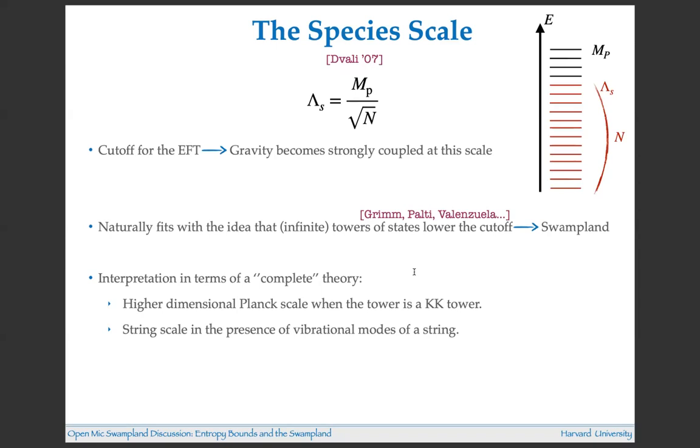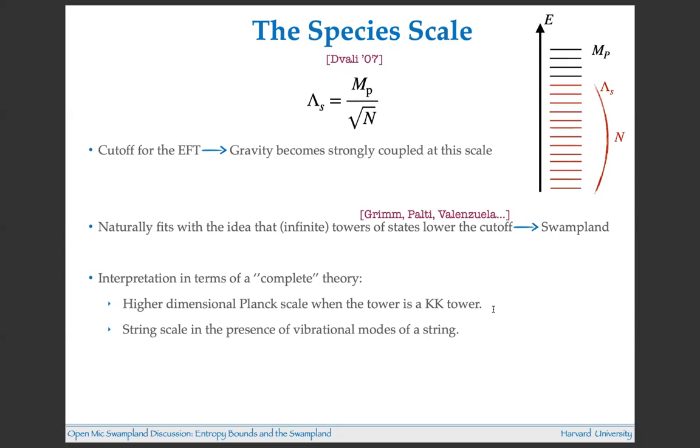Something similar can be done with a tower of excitation modes of a string, and the fundamental scale of quantum gravity turns out to be the string scale up to logarithmic corrections. So in terms of the effective field theory, it gives information about the fundamental scale of gravity.